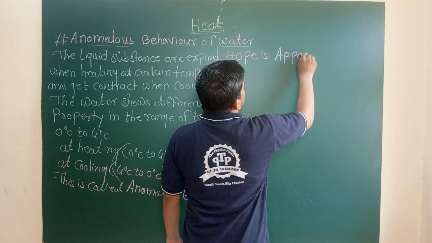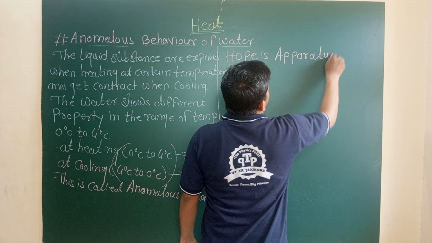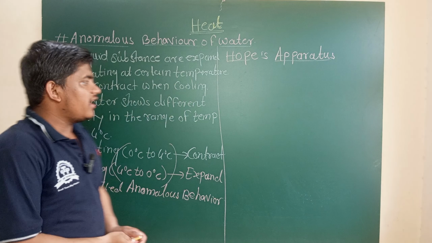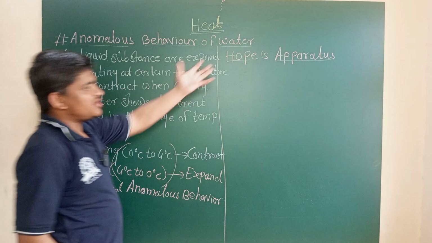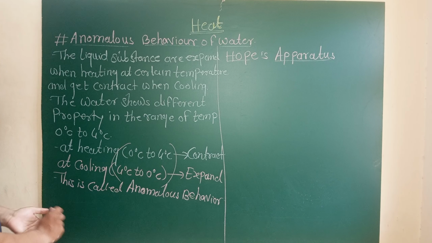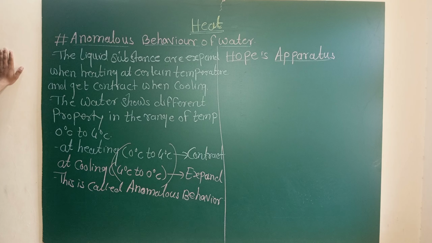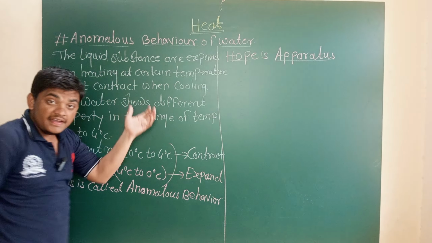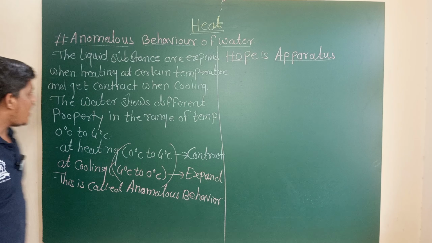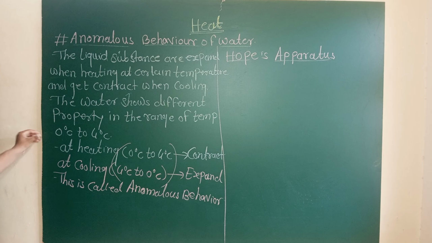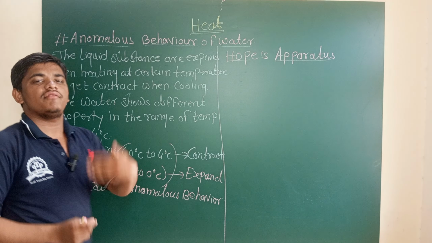Hope's apparatus. Let's draw the construction and working of Hope's apparatus. Before we study it, let's revise the anomalous behavior of water. Liquid substances expand when heated and contract when cooled; this is the normal behavior of every liquid.